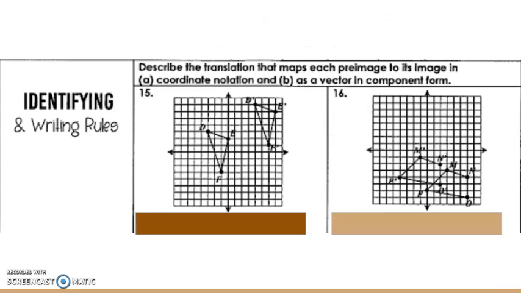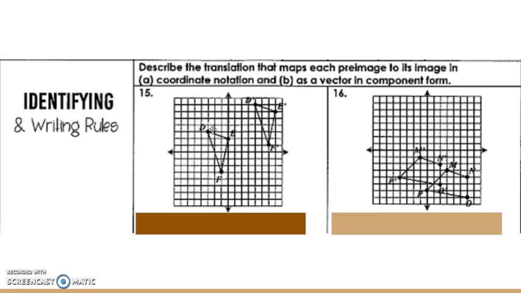The other kind is they can give us our graph of our pre-image and our image, and they can ask us to write our rule. When we write our rule, the easiest way is to pick one point and count your horizontal and your vertical shift. If we look at point D, I'm going to count how much I'm going to the right and how much I'm going up.